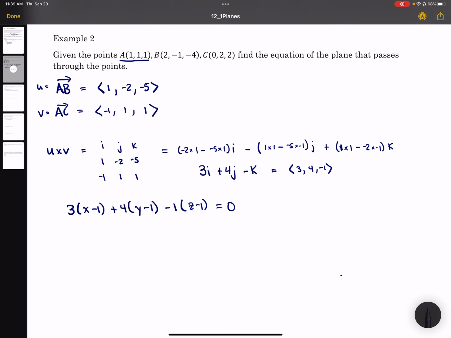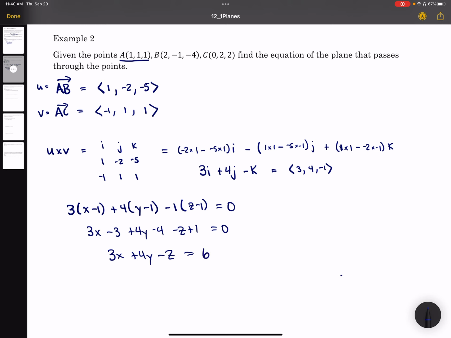If we distribute, we get 3x minus 3 plus 4y minus 4 minus z plus 1 equals 0. And so that's going to give us 3x plus 4y minus z equals, that's negative 7 plus 1 is negative 6, so on this side we're going to get a positive 6.